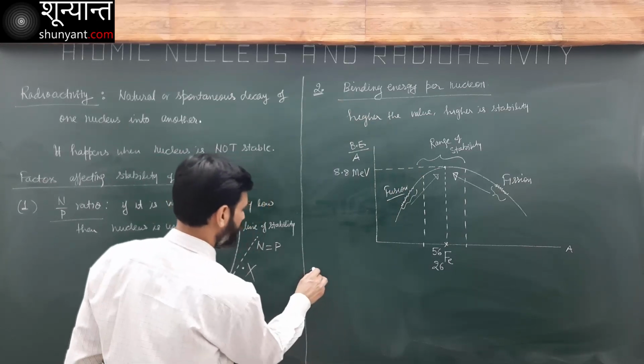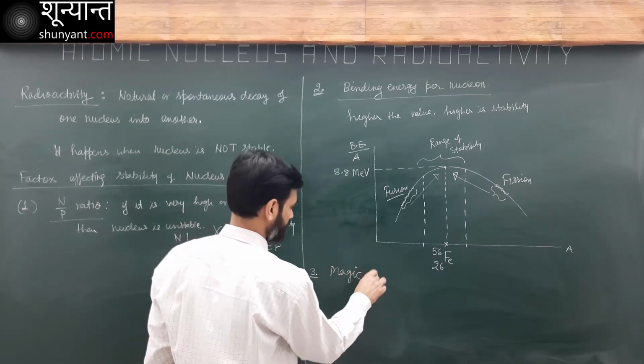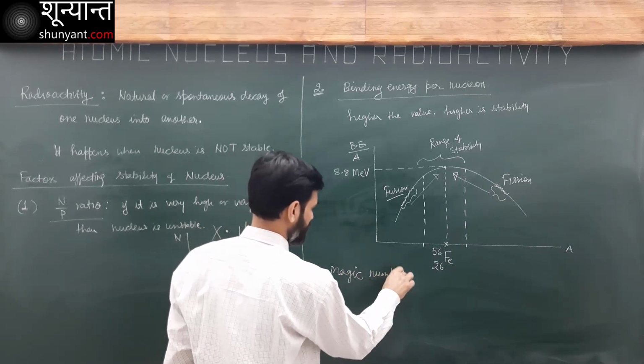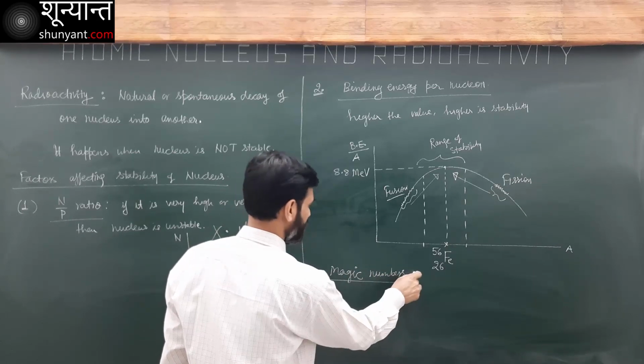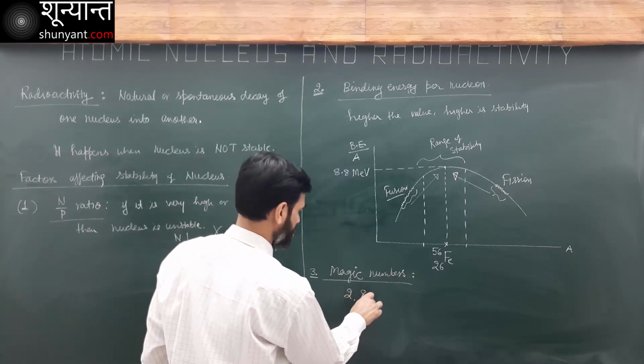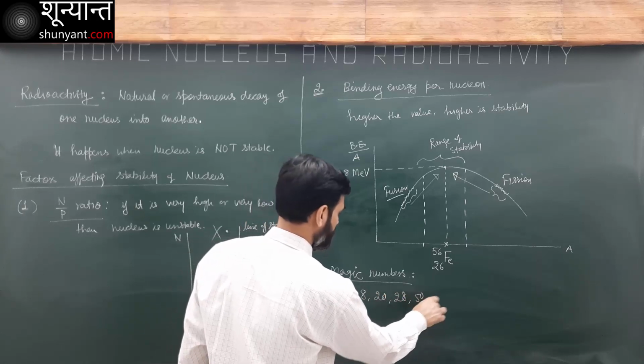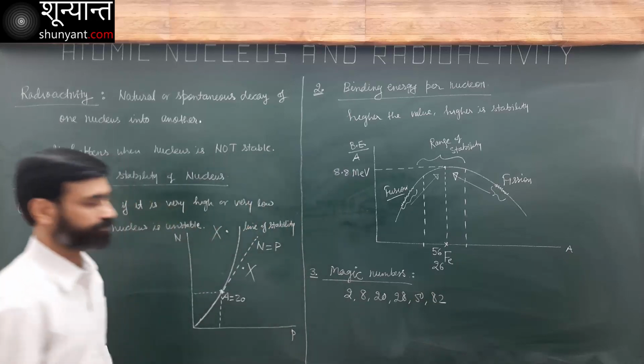Now the third very important factor is magic numbers. What are those numbers? 2, 8, 20, 28, 50 and 82.